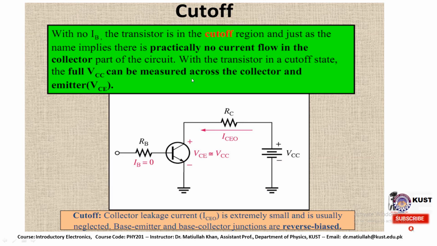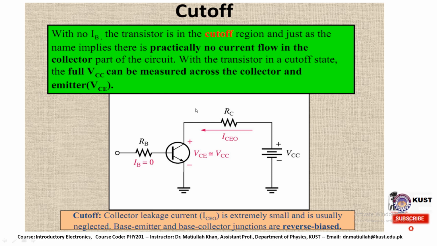In the case of cutoff mode, it is the mode when there is no base current. So the transistor in this case is in the cutoff region, and just as the name implies, there is practically no current flowing in the collector part of the circuit. So that is the simple explanation.